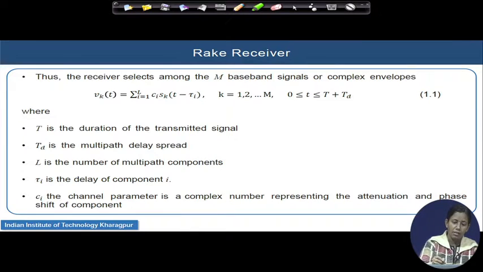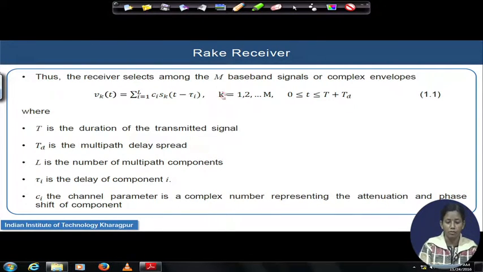So, the receiver's task is to select, among all the M baseband signals, which one is transmitted. It selects one of those capital M signals S1 to SM, and it can also compute the complex envelopes of it. But the fundamental point is that corresponding to each signal component, it combines the effect of all the multiple paths in the Rake receiver. So, you see the received signal at the Rake receiver is something like that.